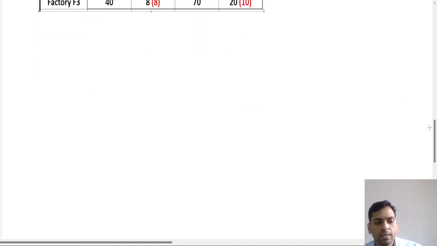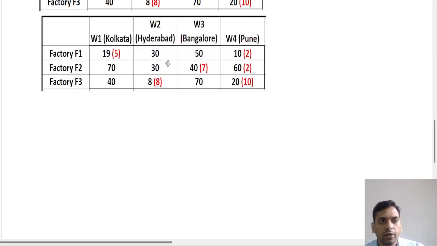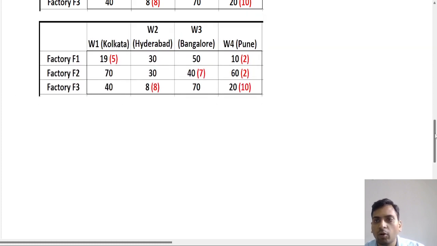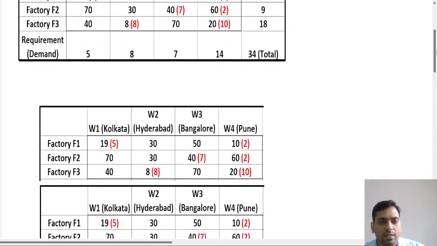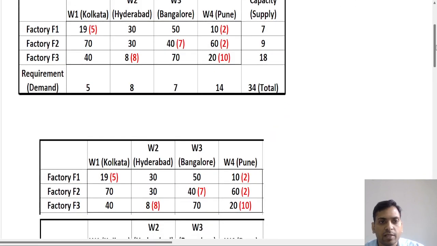So this is the easiest way to understand the stepping stone method. We will copy this table as many times as the number of unoccupied cells.